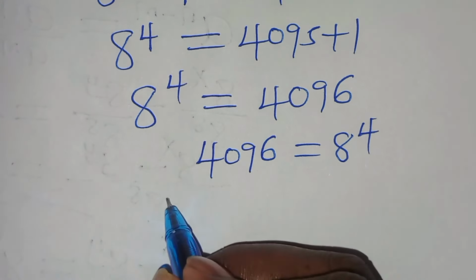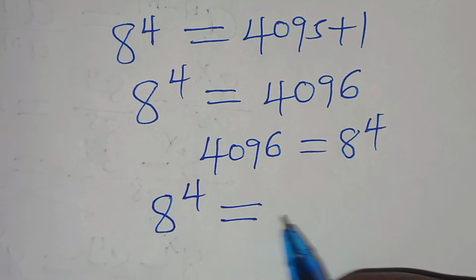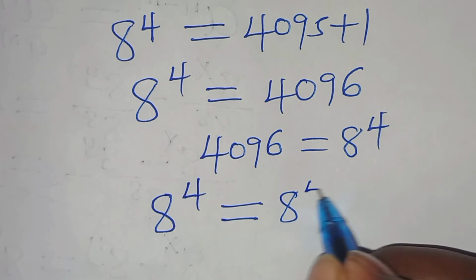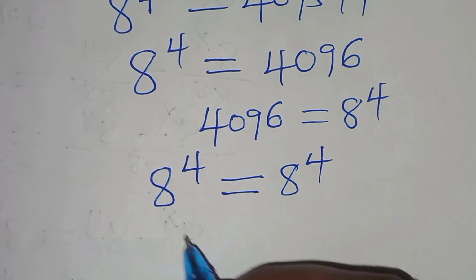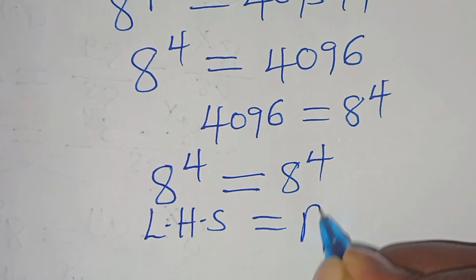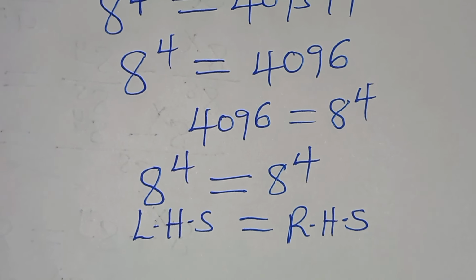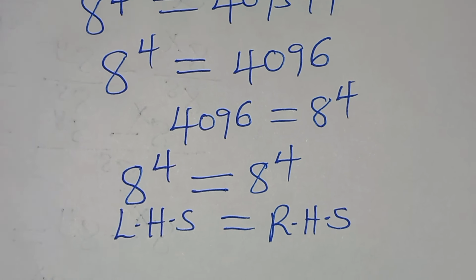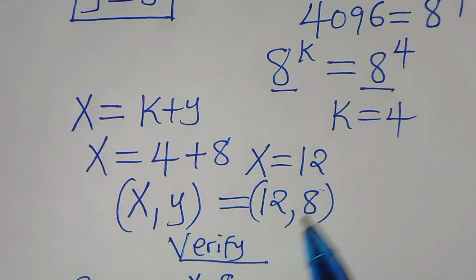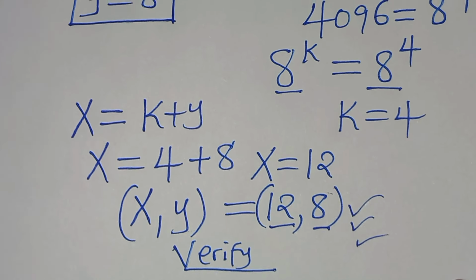This implies that on the left hand side we have 8 to the power of 4, equal to 8 to the power of 4. So the left hand side is equal to the right hand side. And this confirms that the values of x and y, which are 12 and 8, satisfy the equation.